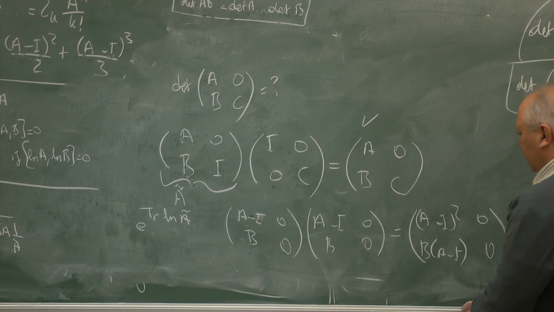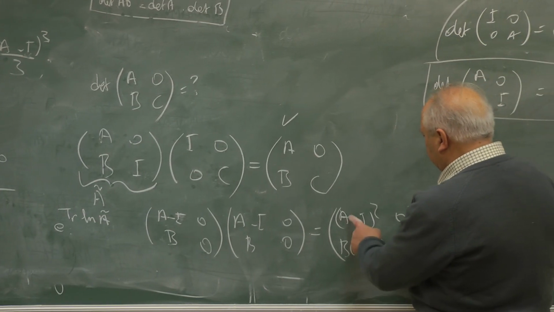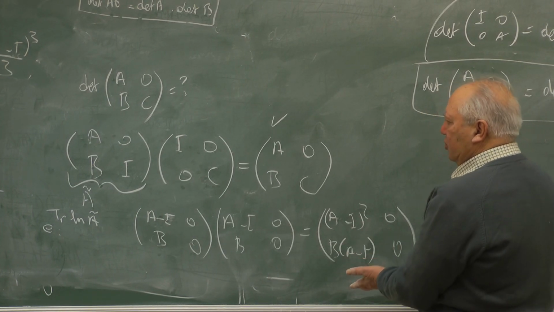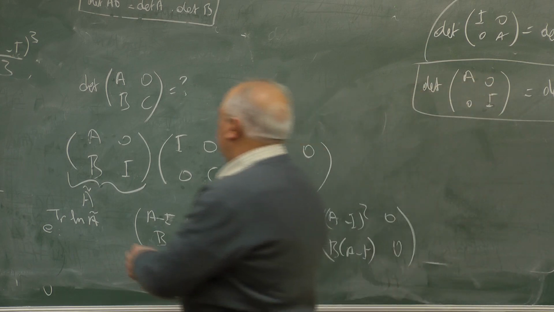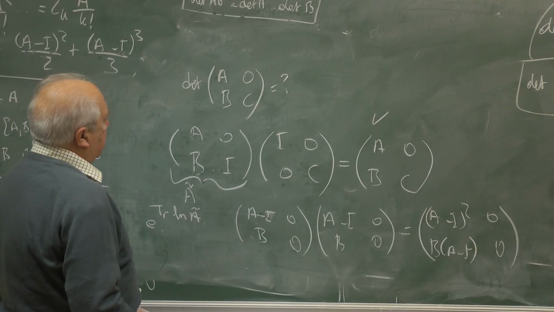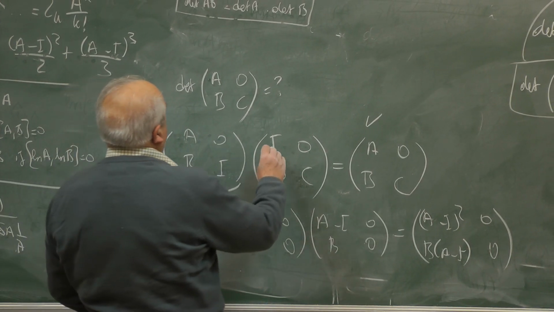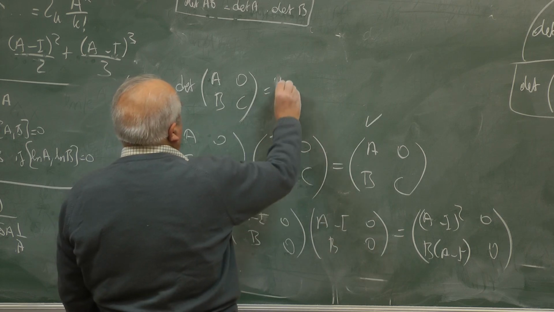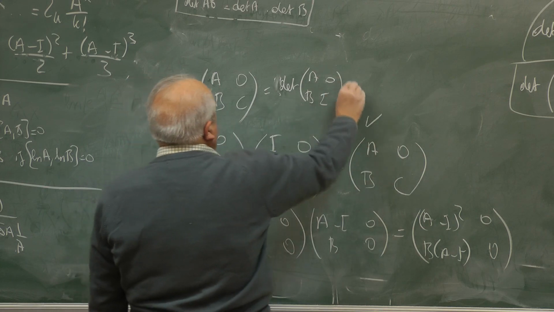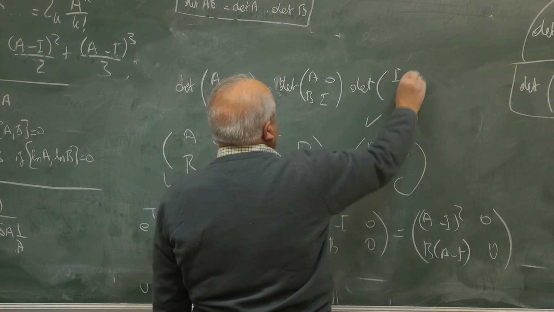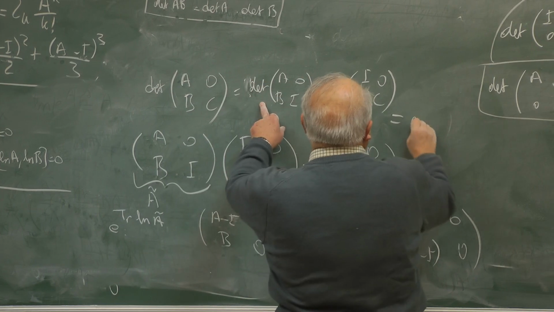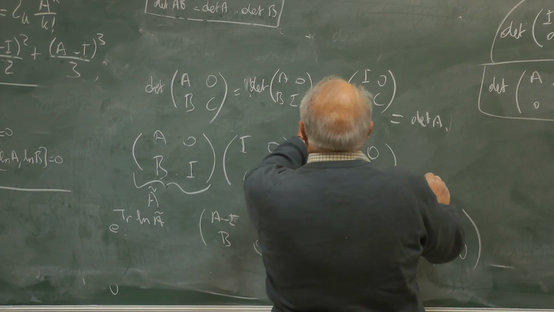So if you multiply with the cube, B always will remain here, will never come to a position to contribute to the trace. So B will not contribute to the trace. That means it is simply the determinant of A. So it is determinant of A, 0, B, I times determinant of I, 0, 0, C, which is equal to determinant A times determinant C.